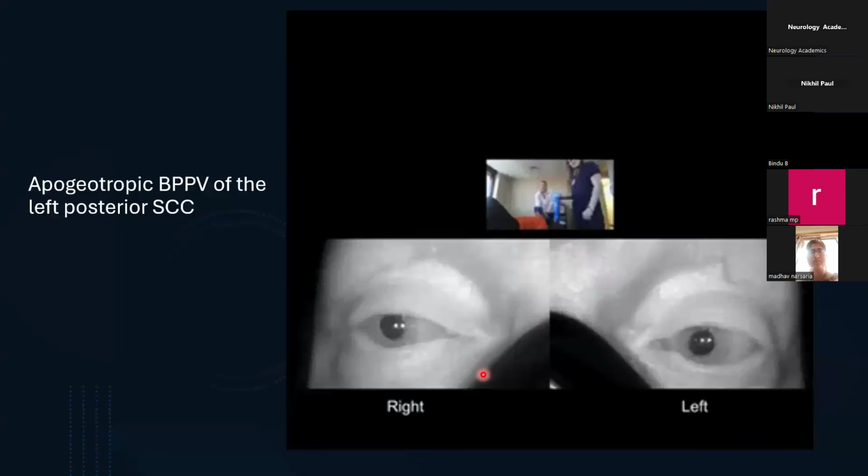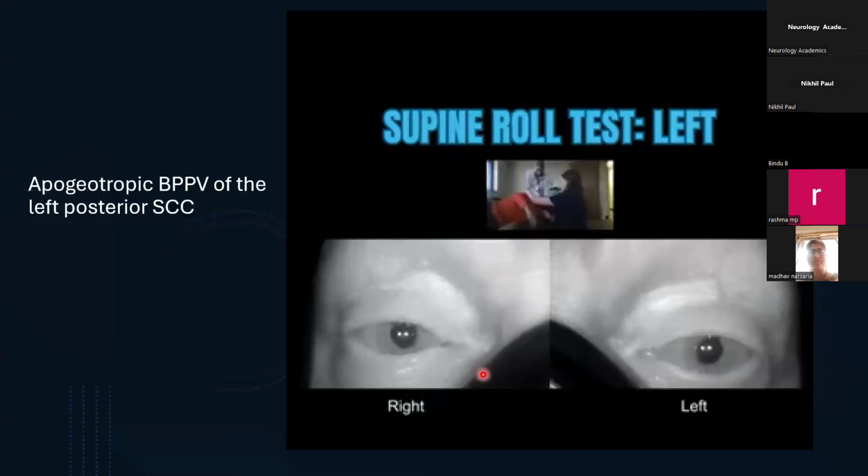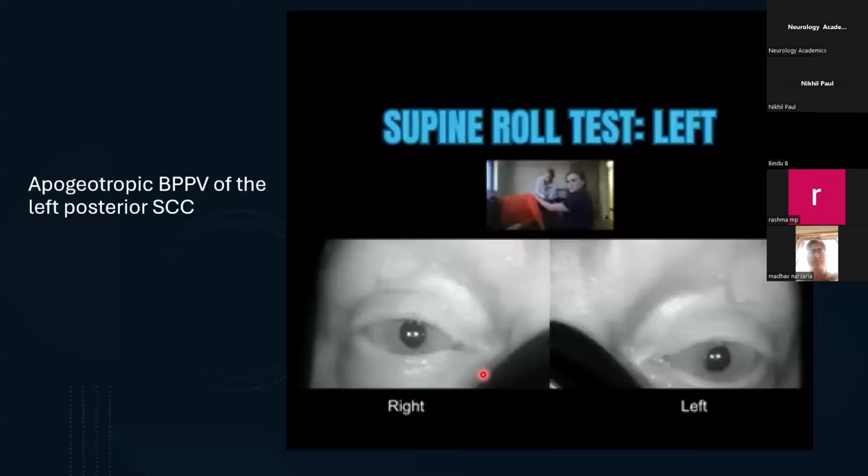Again, I will show a video. So this patient is initially made to turn to the right side, and we see that the nystagmus is towards the left side. And again, we move towards the left side. When the patient is rolled to the left side, the direction of the nystagmus is towards the right side. Play that once again.